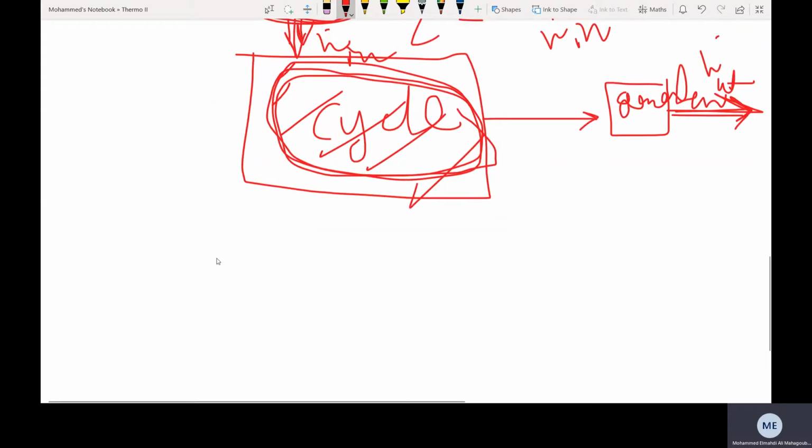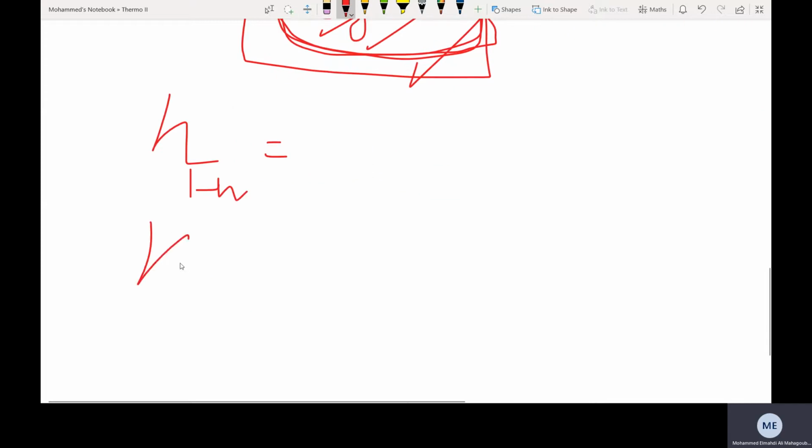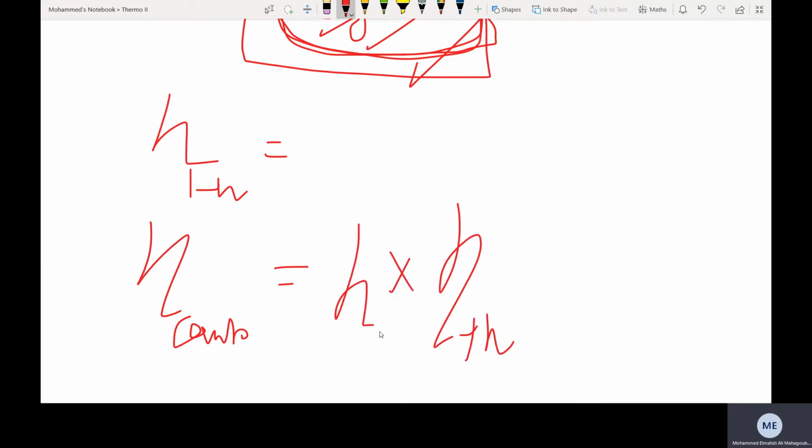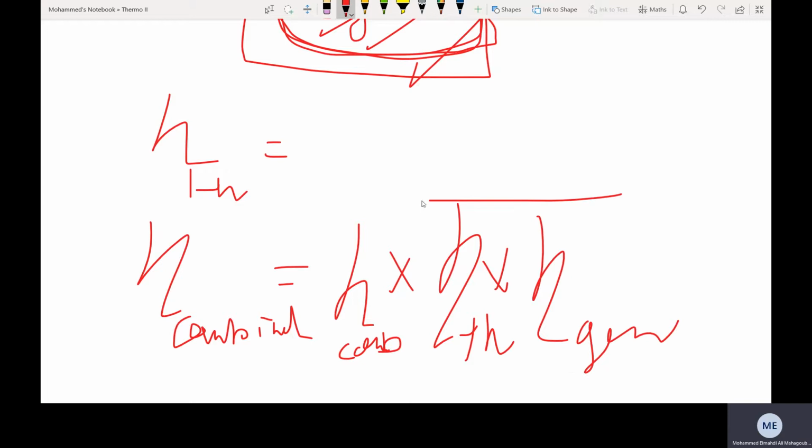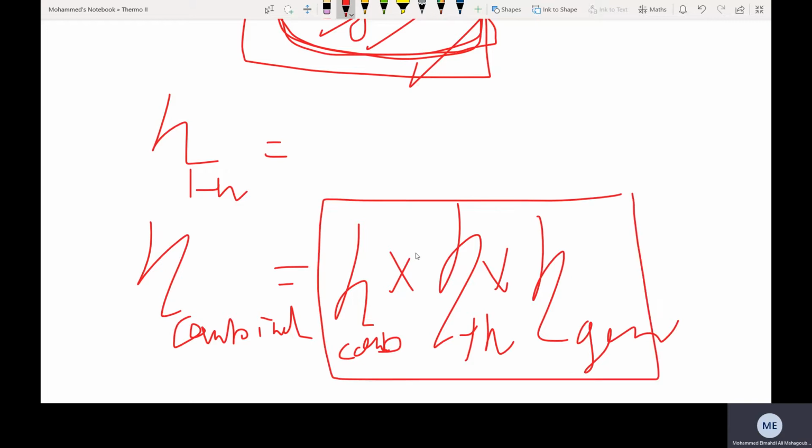After I find the thermal efficiency of the cycle, I have an equation that tells me that the combined efficiency is equal to the product of the efficiency of each individual system. So I multiply the efficiency of the cycle with the efficiency of the combustion, and then multiply by the efficiency of the generator. So the 3 efficiencies of the systems are multiplied with each other, then I will get the combined efficiency.